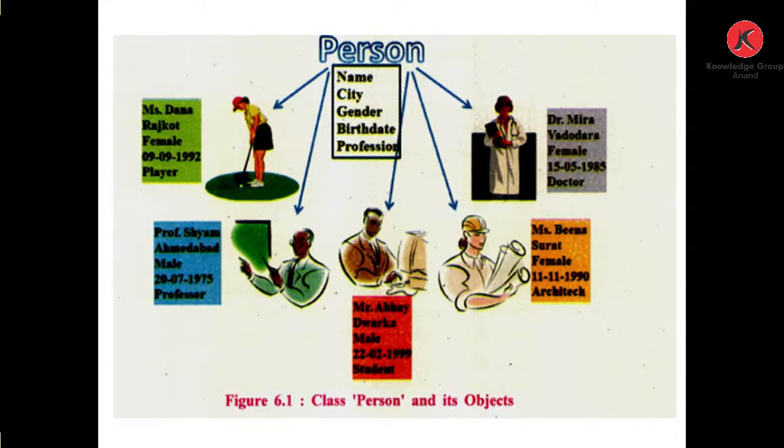We can see here the diagram of an object, that is person. One object differs from another object by its state or method or behavior.